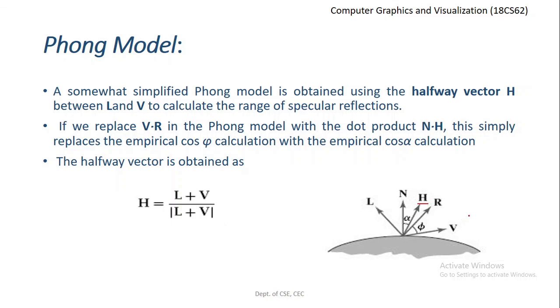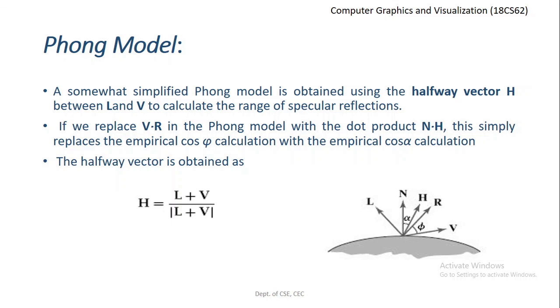Replacing V dot R with N dot H replaces the cos phi calculation with the cos alpha calculation, where alpha is the angle between the halfway vector H and the surface normal vector N.